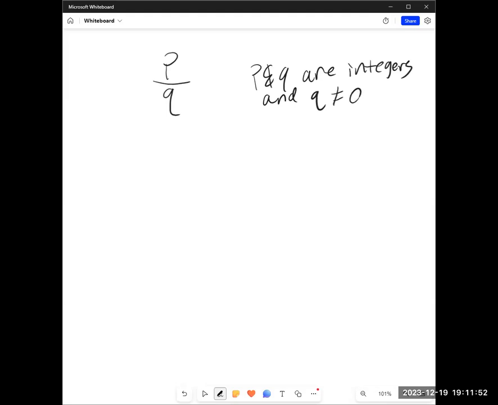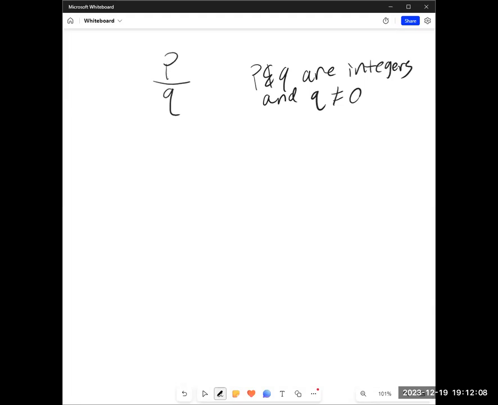Okay. So that's why we talked about integers first. It's the set of P over Q, where P and Q are elements of the integers.